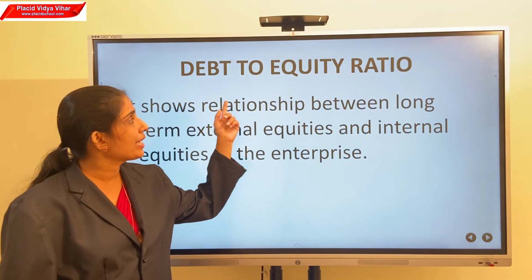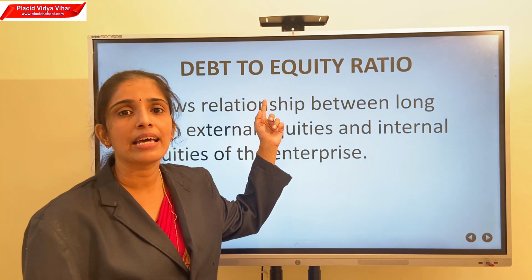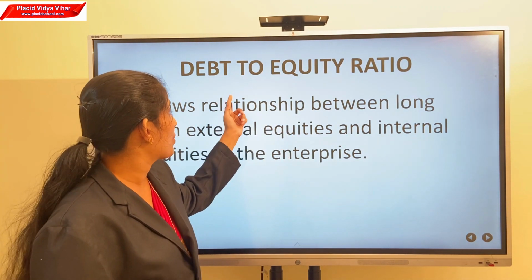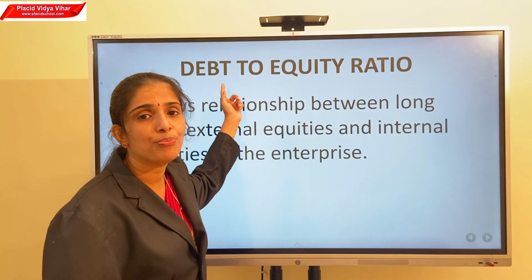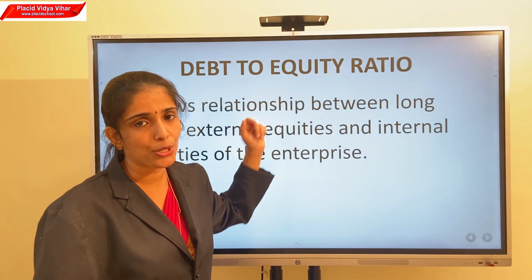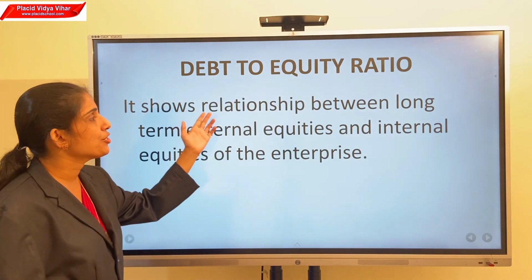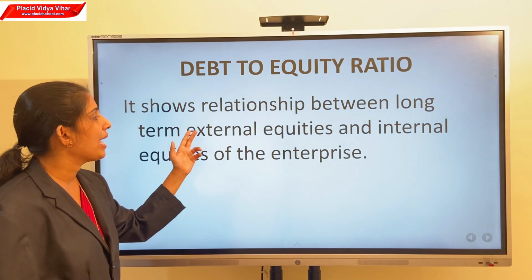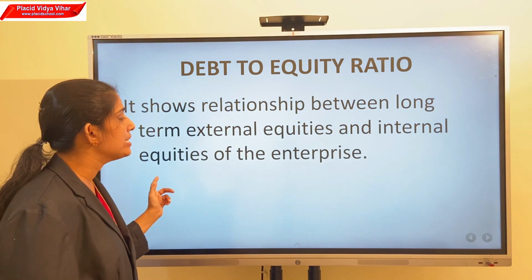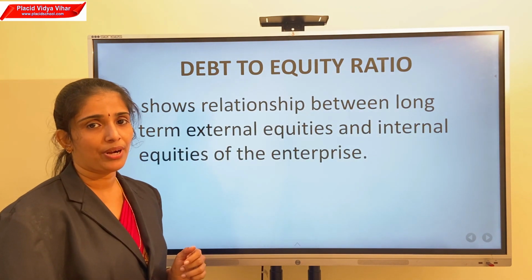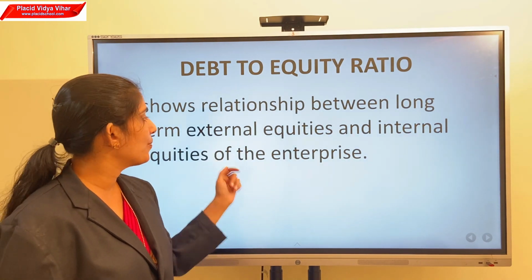From the name itself, we can clearly understand the relationship of this ratio, that is the relationship between debt and equity. So the debt equity ratio is the relationship between long-term external equity and internal equity of the enterprise. What is external equity?